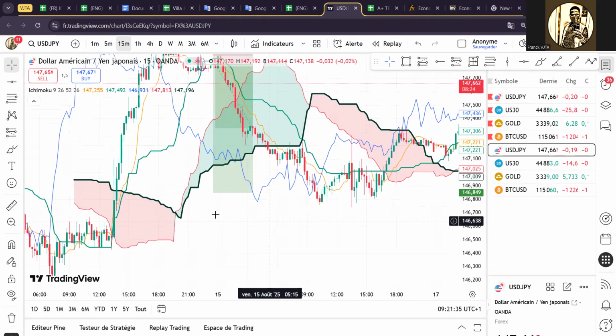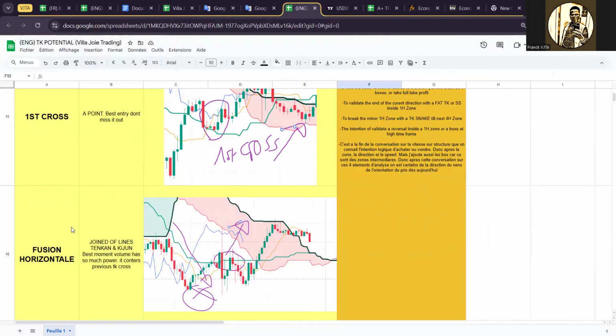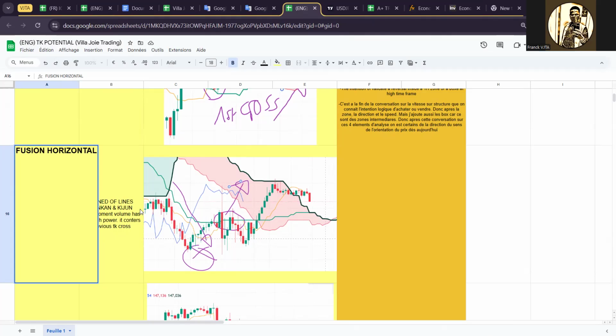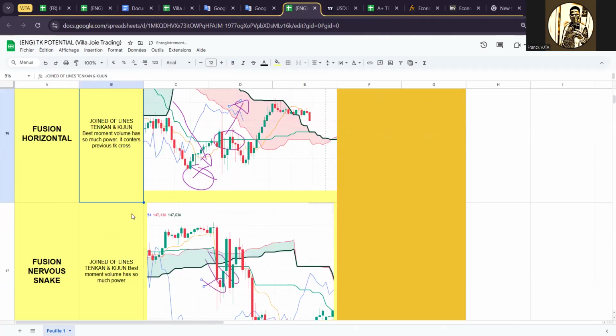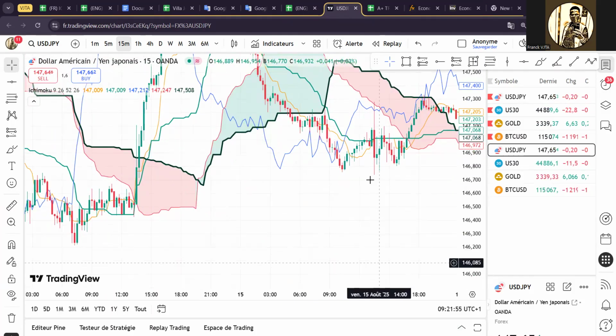Then after that, you have the horizontal fusion. The horizontal fusion. Horizontal fusion is, for example, this one.